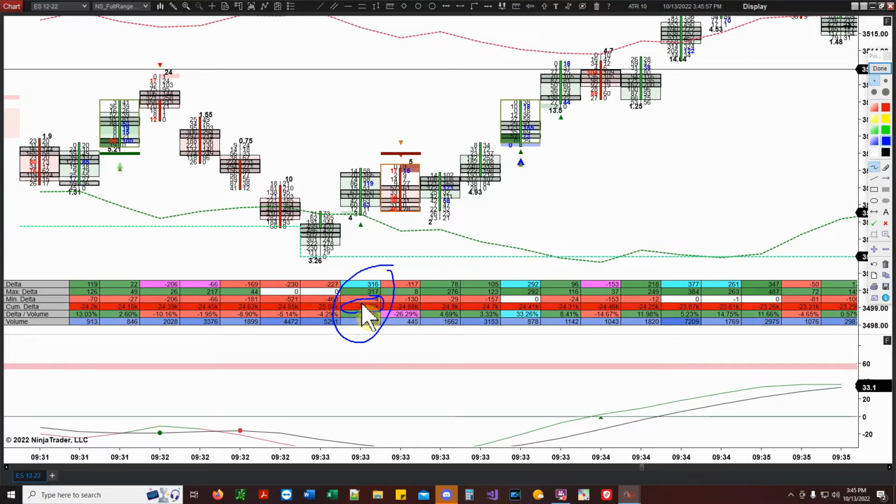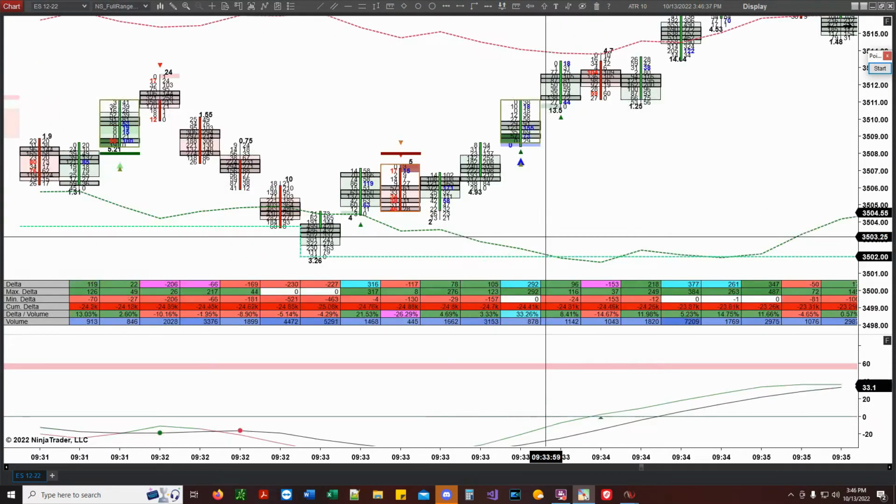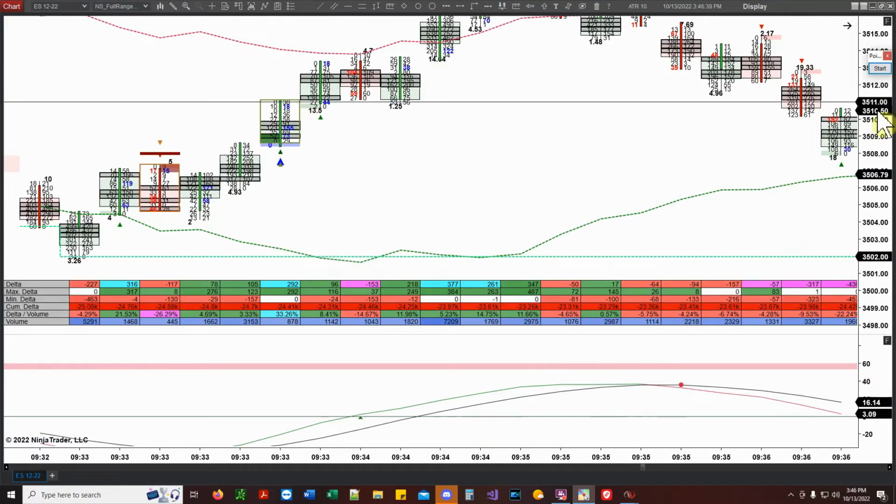We're down for the day. Even though you might get a positive delta, pay attention to the cumulative delta because it might be telling you something else that you might not be paying attention to. So these are the numbers that I look at when I'm looking to pull off a trade, so to speak. Okay. And right now, I am totally a short trader.